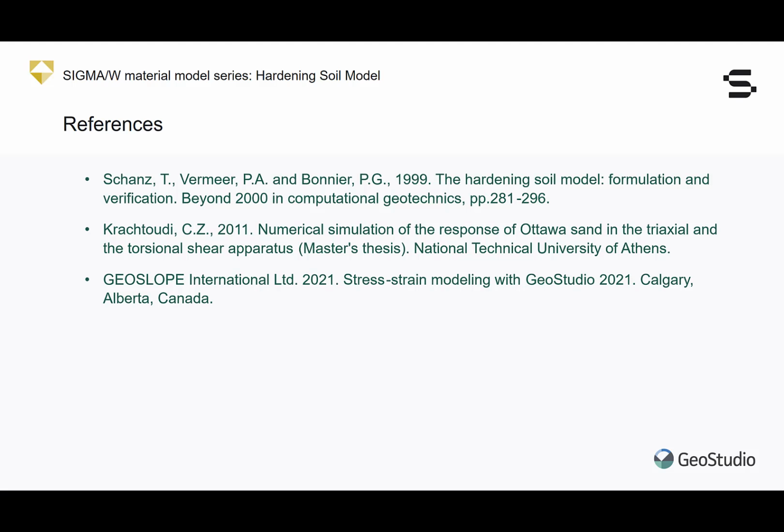I'll also remind you that the website comprises a number of resources, including example files. One noteworthy example is that of the tieback wall in Berlin. It is completed using both the Mohr-Coulomb and hardening soil models, and those results are compared.